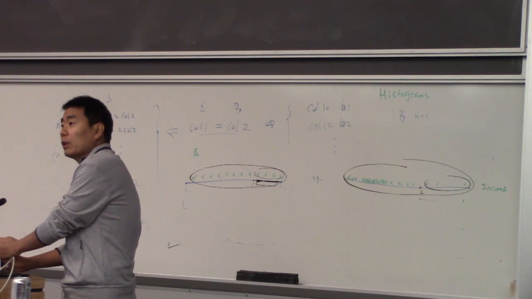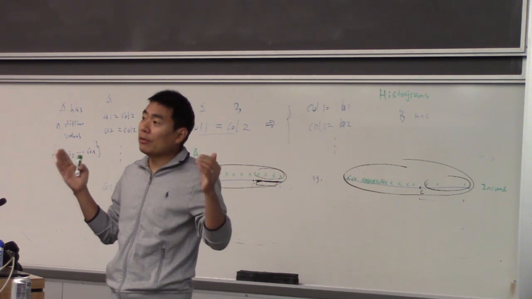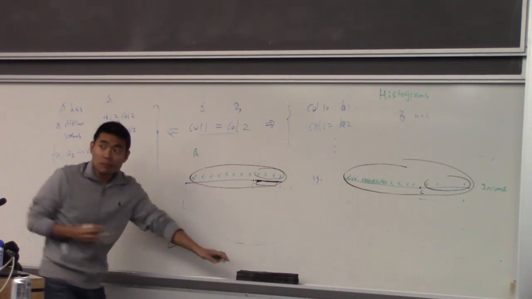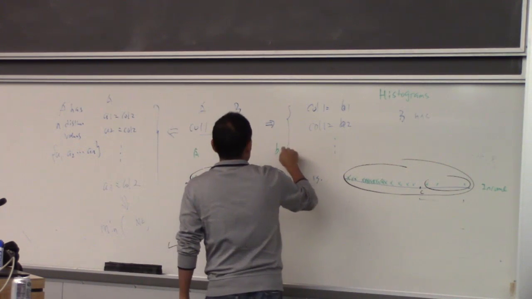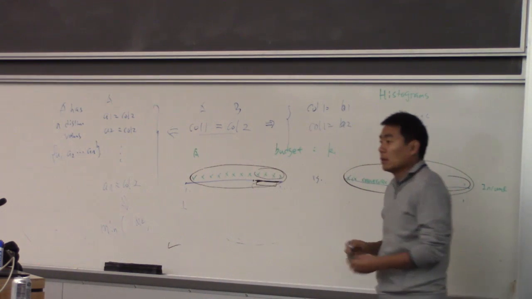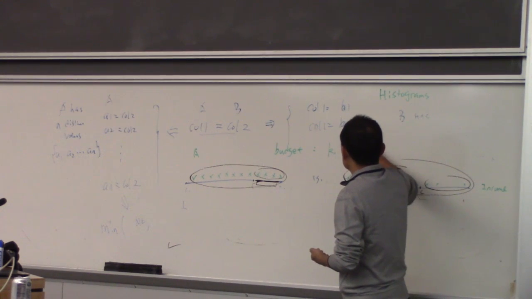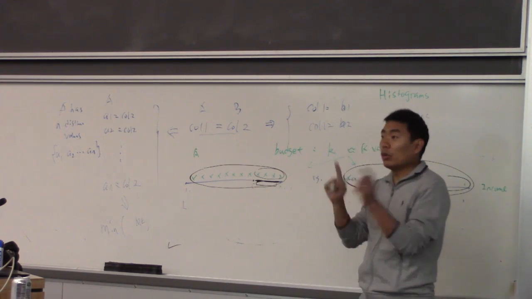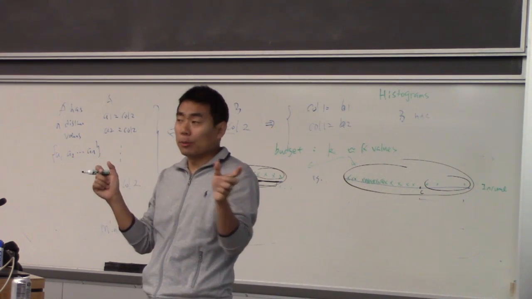Okay? What you do for equal width is you simply divide your domain equally and summarize your data distribution using that equal width partition. For example, you are given a budget, let's say K. You are only allowed to maintain roughly K values to summarize the distribution of your data.